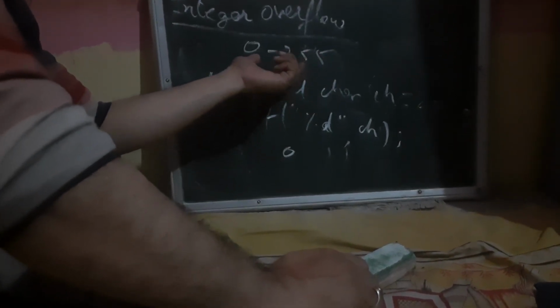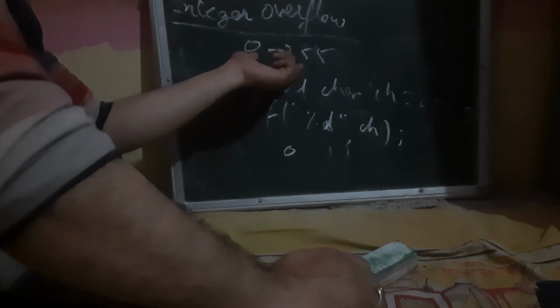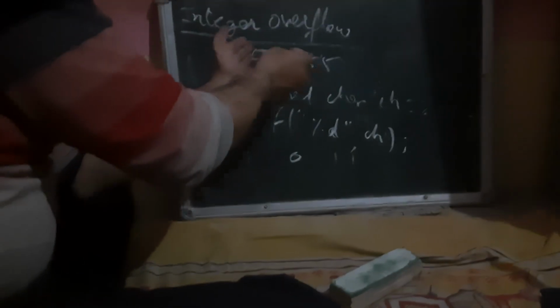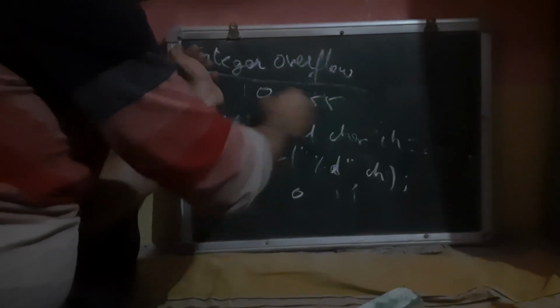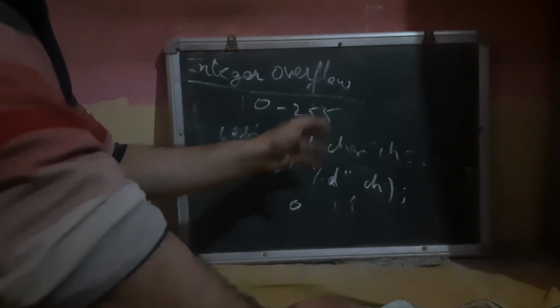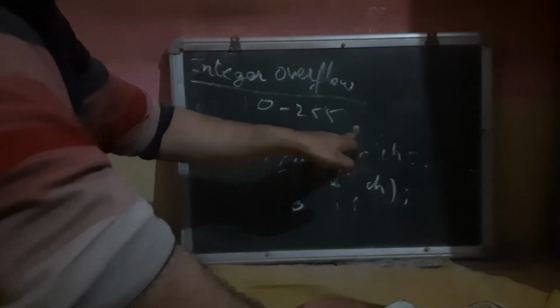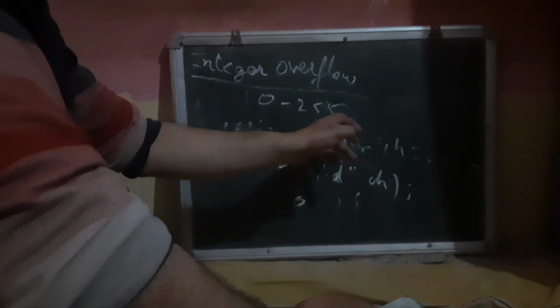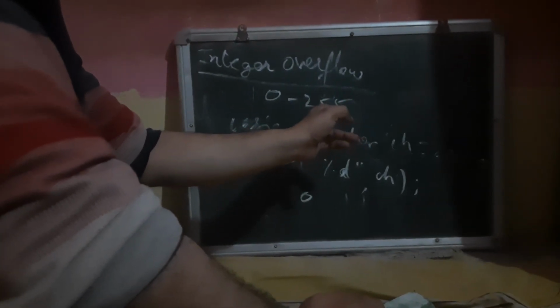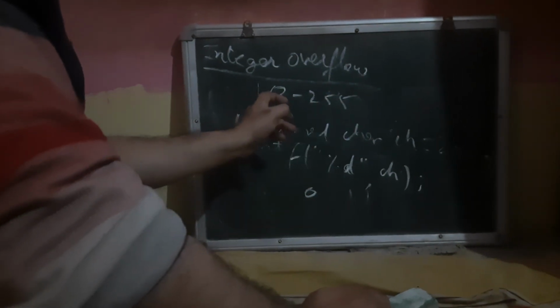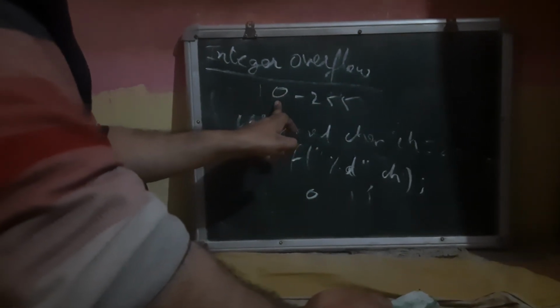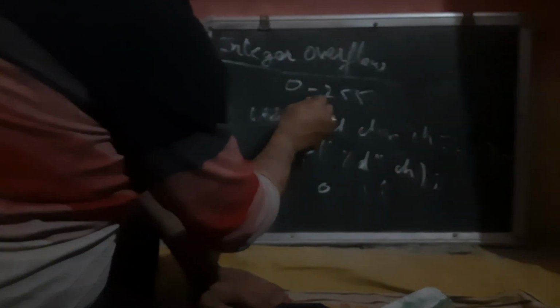It is taking the unsigned representation, so the range becomes 0 to 255 for unsigned character. When you give a value outside 255, means 256, it shifts it to the other side of the range, means it shows the value 0. Similarly, if you store value 257, it will show 1, and for 258 it will show 2.